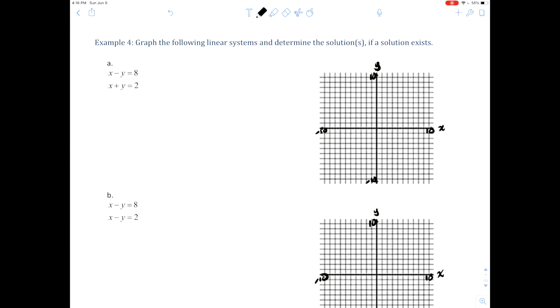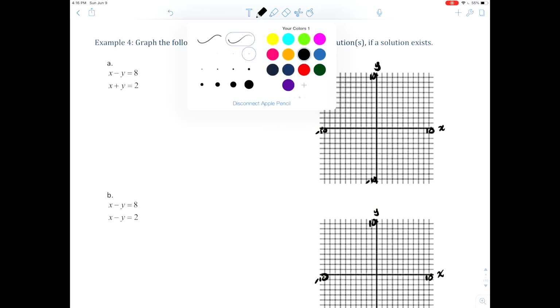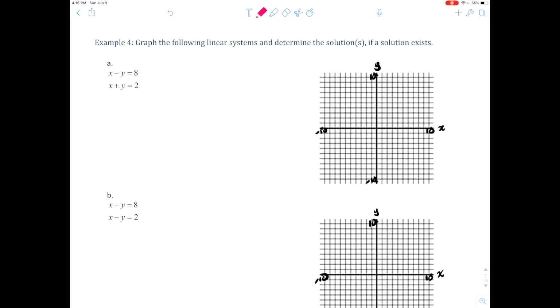So if x is equal to 0, then y is going to be -8. Are we okay with that one? I'll do the first one in pink. So I have a point at 0, -8. And if y is 0, x is going to be 8. So I'll have an ordered pair at 8, 0.